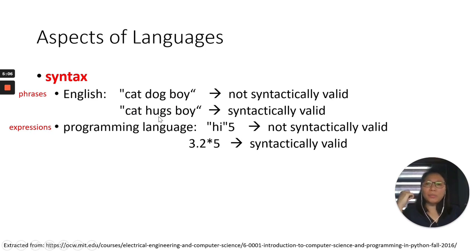So it's noun, verb, noun. In programming language, the string hi followed by a number 5 is not syntactically valid, while 3.2 times 5 is syntactically valid. This one is operand, operator, operand. So both English and programming languages follow some form of syntax.